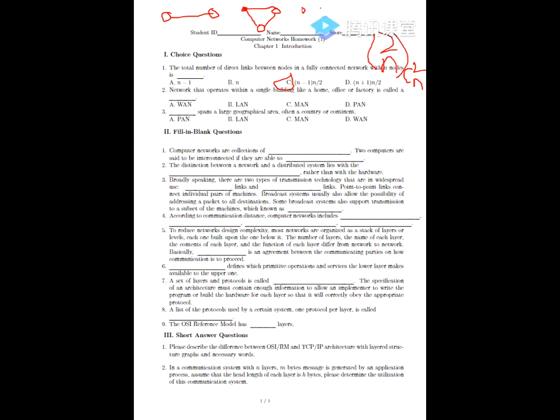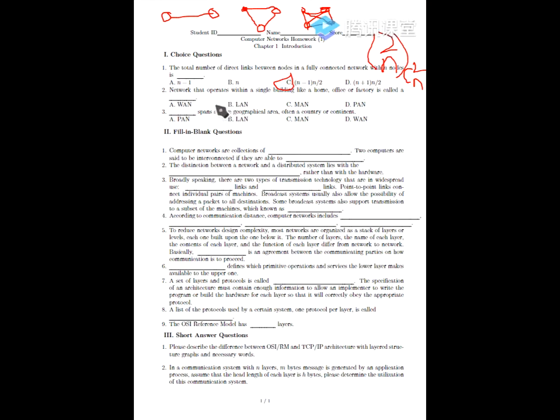If there's 4, fully connected, we need 6 lines. So for question 1, the answer is C.